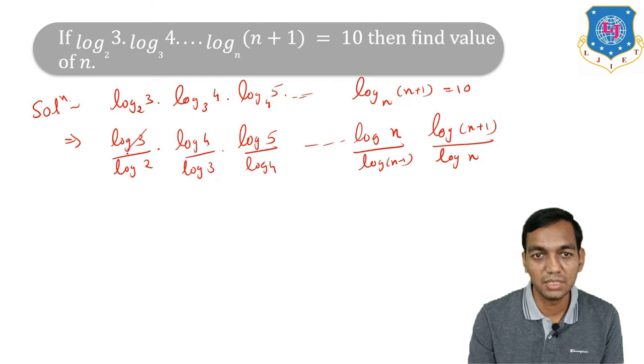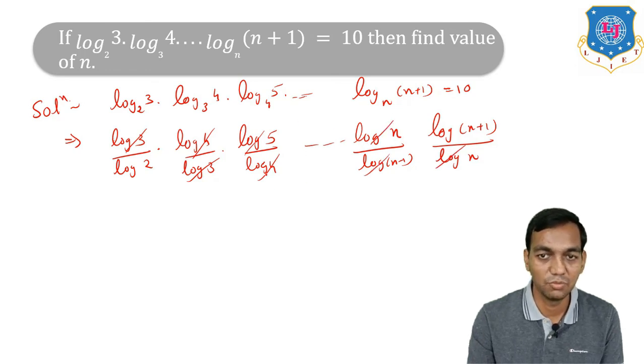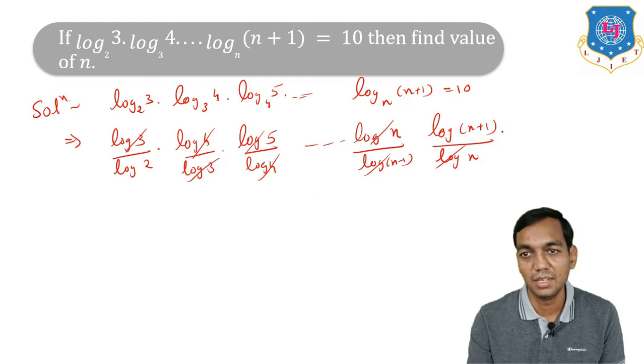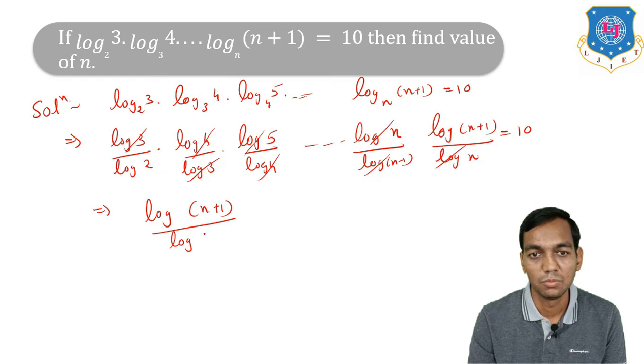So if you are going to check, then this 2 cancels out, this 2 cancels out, this will be cancelled out with the next one, this will be cancelled out with the next one, this will be cancelled out with the first one, and it is equal to 10. And that will give you log n plus 1 upon log 2 is equal to 10.